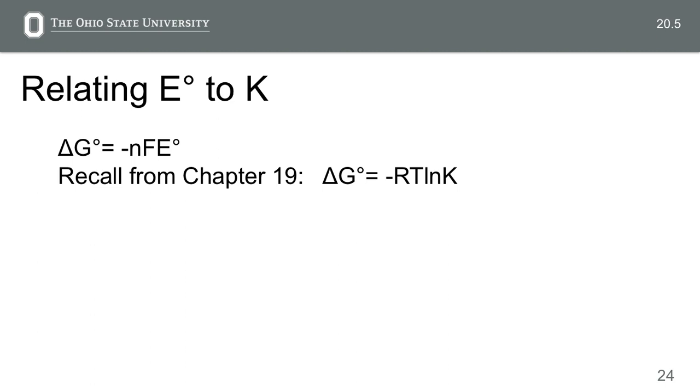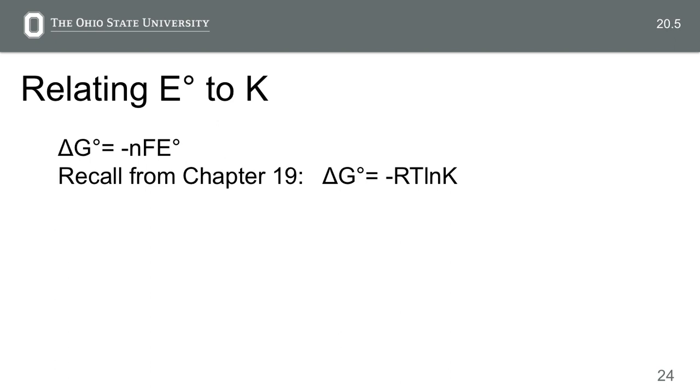We just saw delta G equals minus nFE. We know from chapter 19 that delta G equals minus R times T times the natural log of K. If we set these two equations equal to each other, we can rearrange them and relate the cell potential to the equilibrium constant.